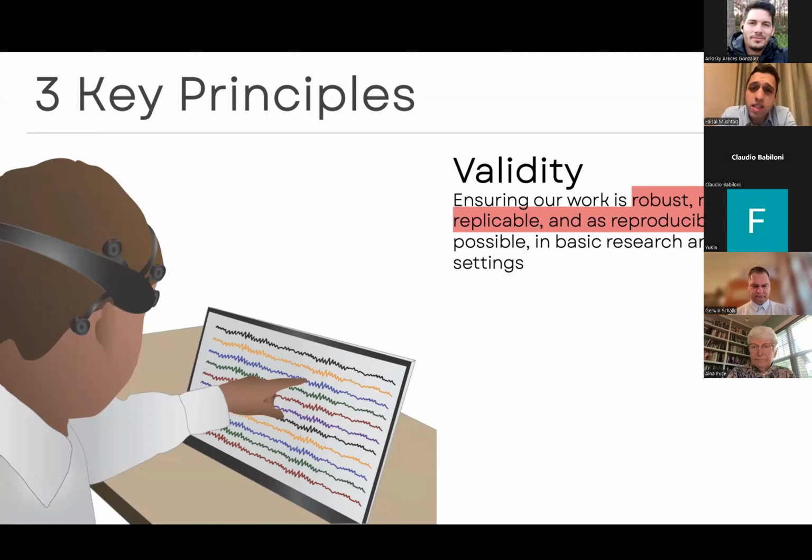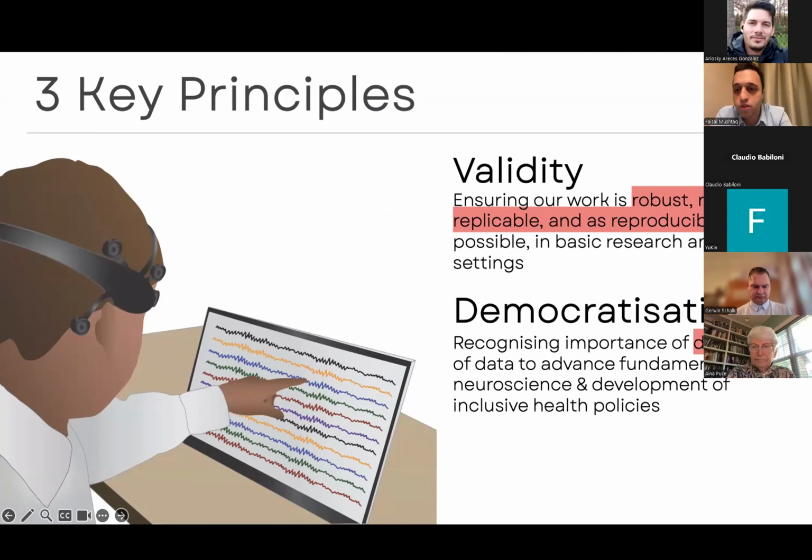The first is to focus on validity. We need to ensure that our work is robust, reliable, and replicable in the same way that Adrian and Matthews ended up replicating Berger's work. We need to have some trust in our research and our outcomes, so that other people can build on those.